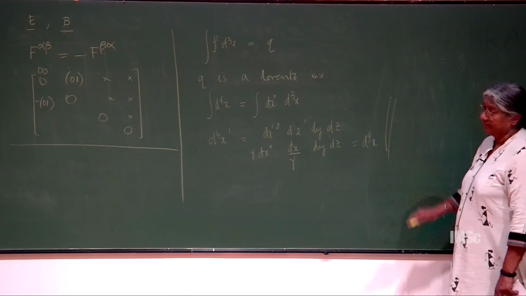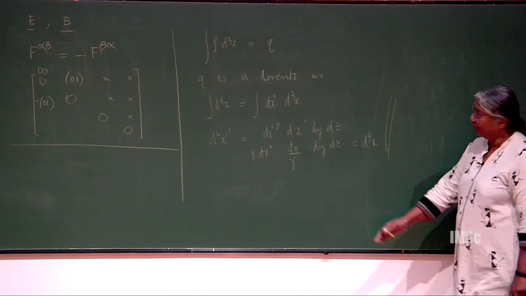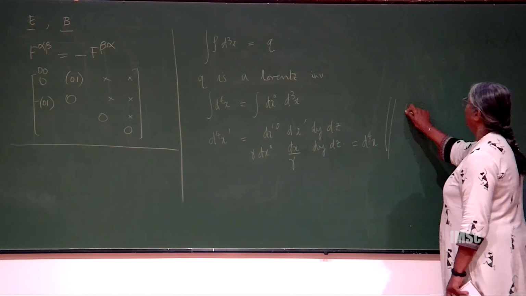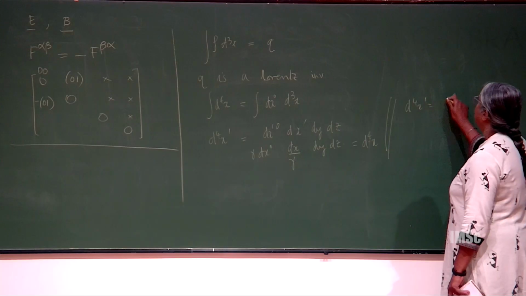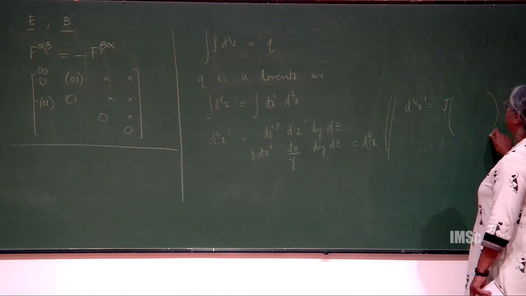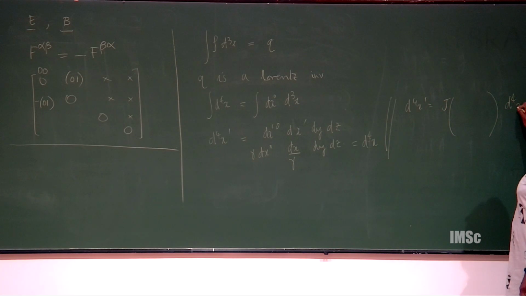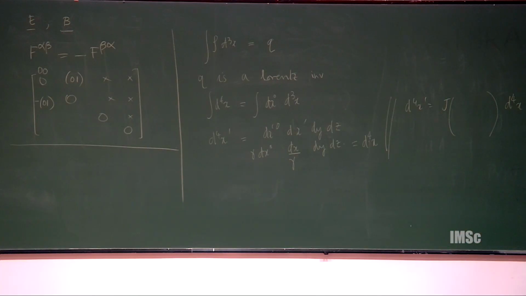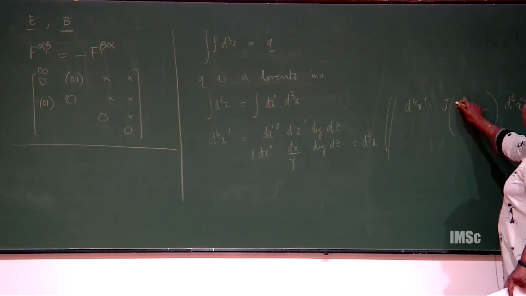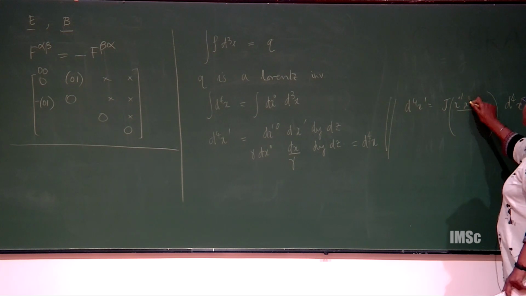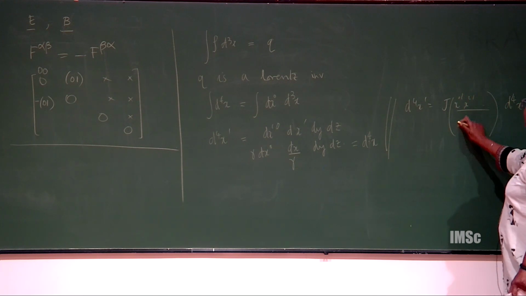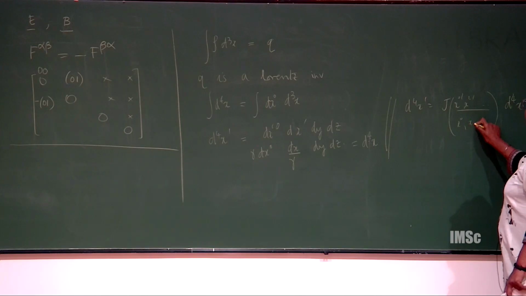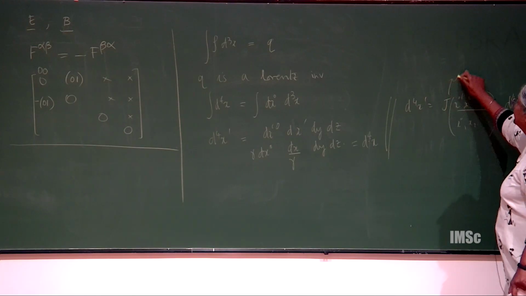You can write this when you write a transformation from d4x prime to d4x. You can write d4x prime is equal to the Jacobian of the transformation times d4x. I hope you have seen Jacobian in 3 dimensions. If I take xy and replace it by r theta, then I get a Jacobian of the transformation, which will be x naught prime, x2 prime, etc. divided by x naught, x2. So this is just the determinant of this matrix, right?